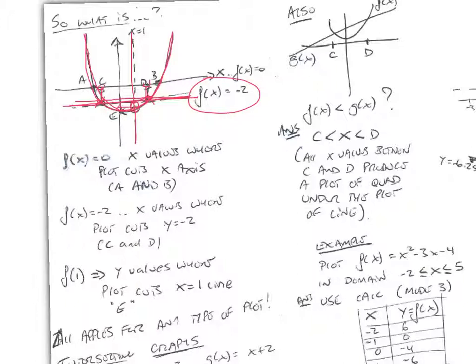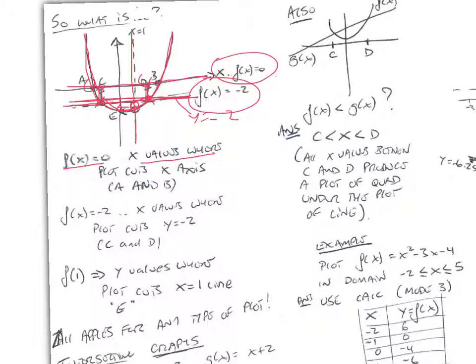So for example, f of x equals 0, that's the x values where the plot cuts the x-axis, that's a and b. The x-axis is the same as f of x equals 0. F of x equals minus 2, you go down to y equals minus 2, and you find where it cuts the curve, that's at c and d.